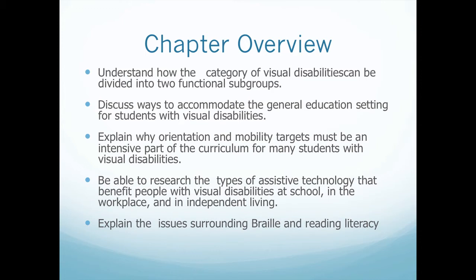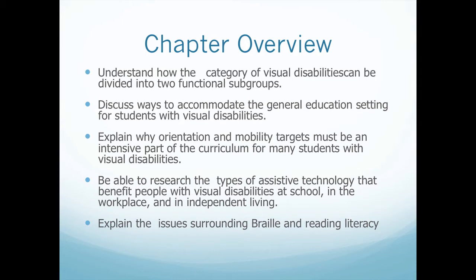Or you could group those students by age of onset, or you can group those individuals who are legally blind, which qualifies folks for special tax benefits and materials, and those that are not legally blind.